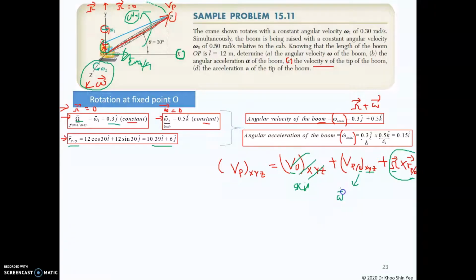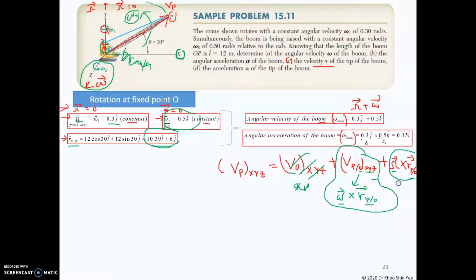Therefore, we can use the symbol ω cross with the corresponding displacement vector, which is Rp/O. So you can substitute the ω information inside and the displacement vector inside. Then you can solve this component.